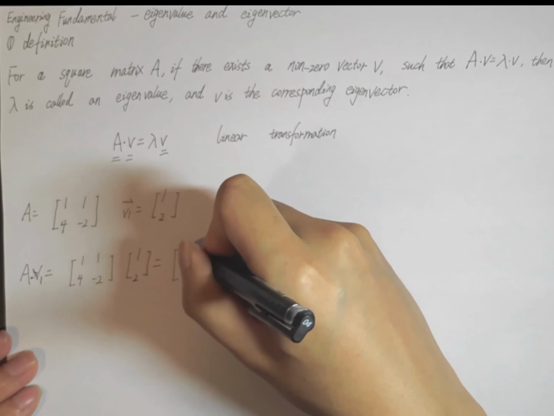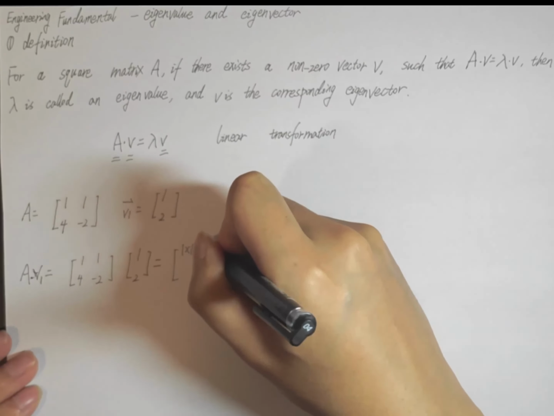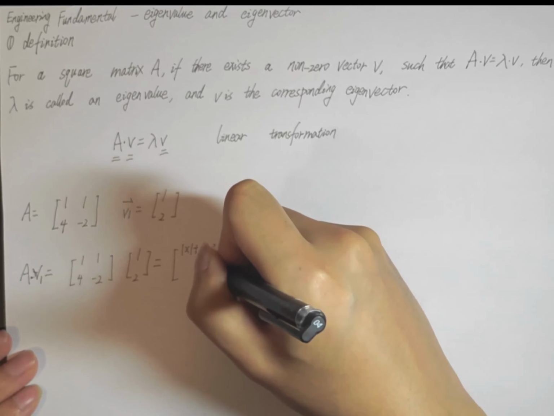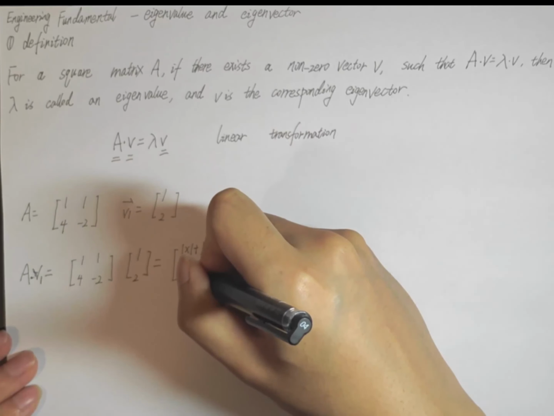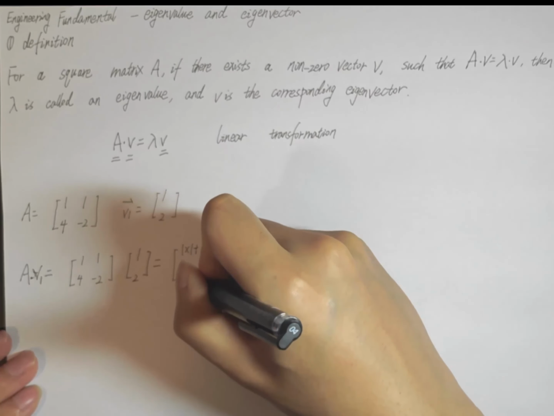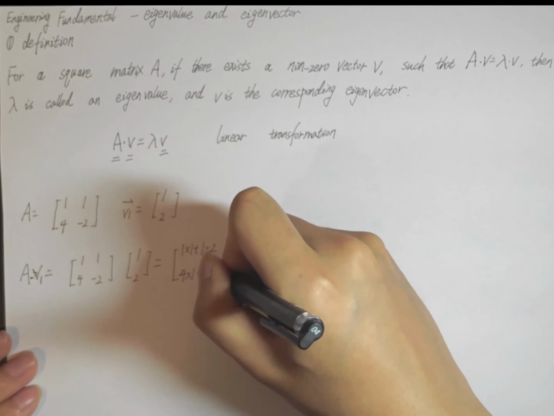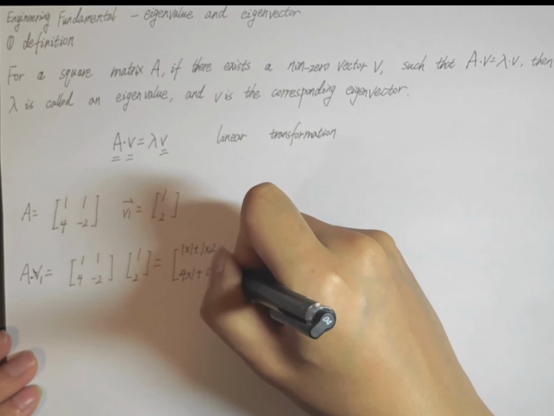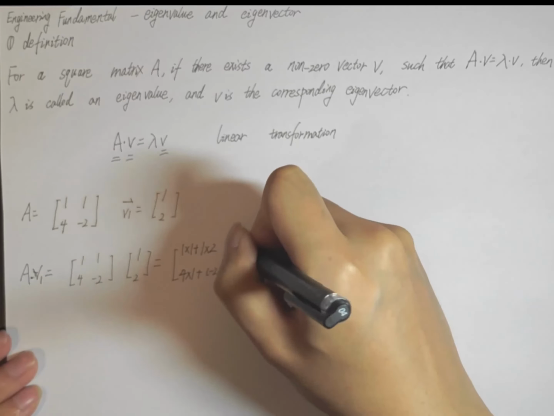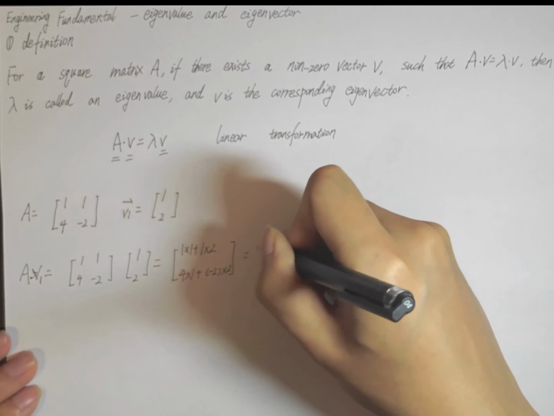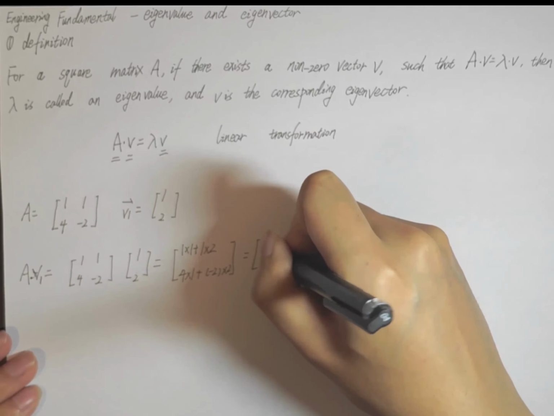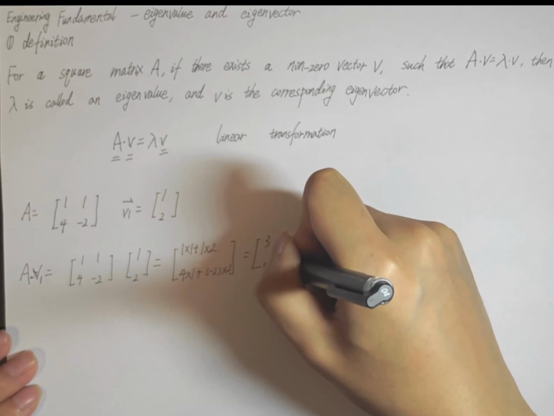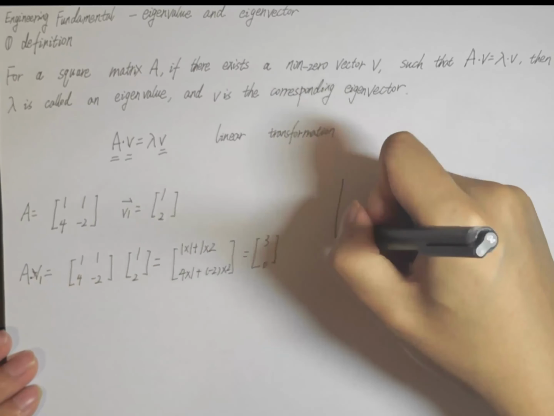Multiply the first row vector of matrix A by the column vector of V1. Multiply the second row vector of matrix A by the column vector of V1. And now we get a new 2 by 1 vector, which is [3, 0].